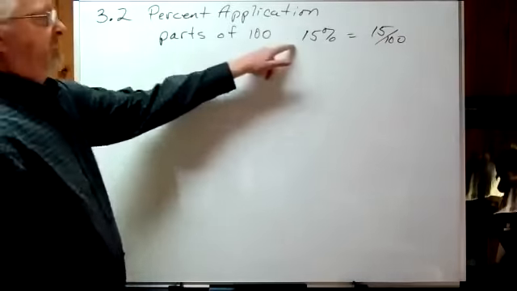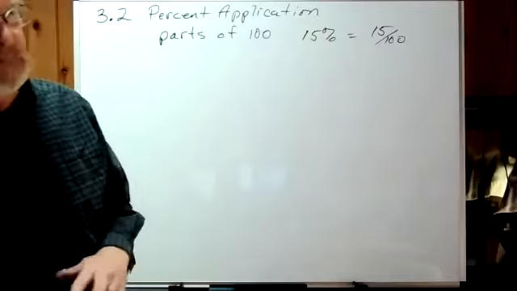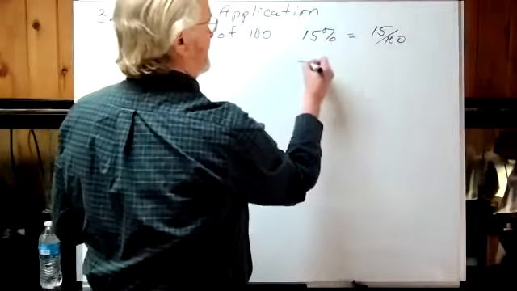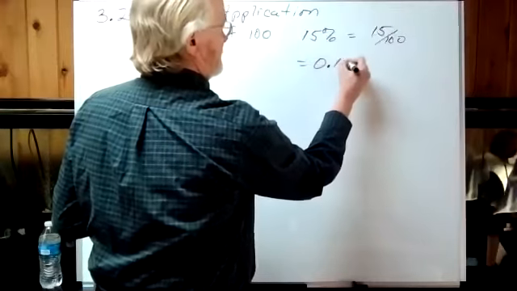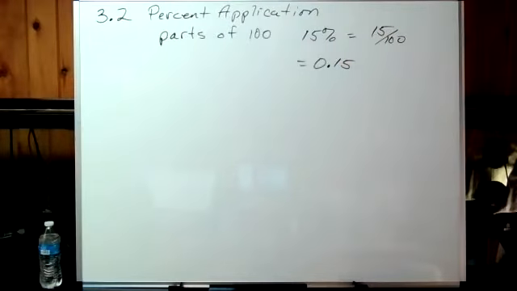So from that argument, I want to be able to easily change a percent to the decimal value. When we use it in an equation, we never actually use the percent version. We have to convert it to its corresponding decimal value. So 15 over 100, I try to be careful and write the 0 in front. We like to see the placeholder anyway, but there would be the decimal equivalent.